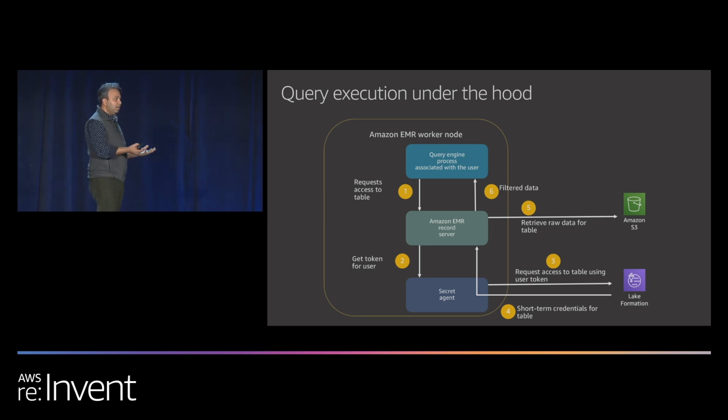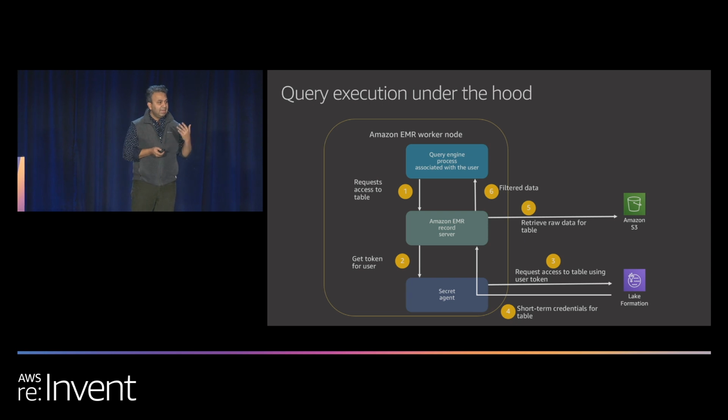When you are reading data back, something needs to filter out the columns you don't have access to. So we built a new agent that sits on an EMR cluster as a privileged process, the record service, that filters out data from S3 that the user does not have access to. And no user gets access to these privileged processes.